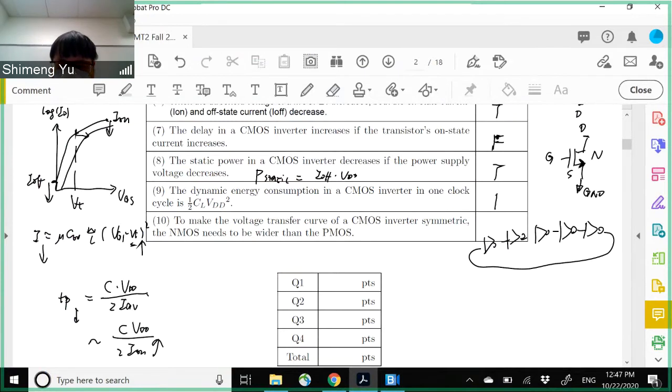So this is false, because in 1 clock cycle should be C VDD squared. 1 clock has 2 half cycles, one rising edge and one falling edge. So each edge consumes half. For example, the rising edge of the input, then the output is the falling edge. Then with the falling edge, NMOS is working, so NMOS will consume half of that energy. And then the next half cycle, the PMOS will consume the other half. So in total it is C VDD squared.